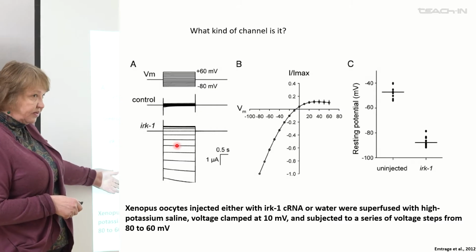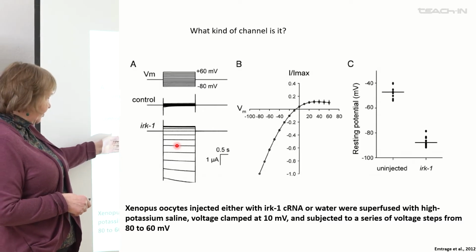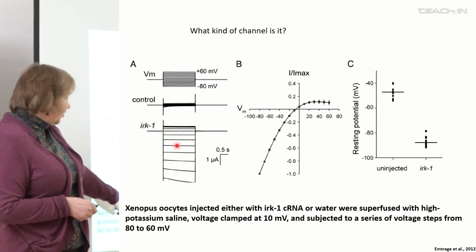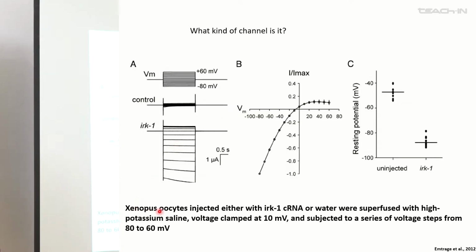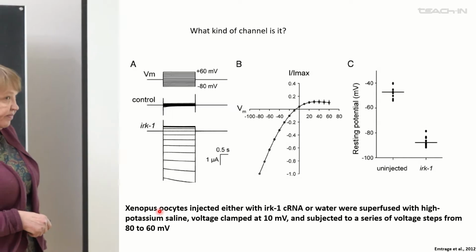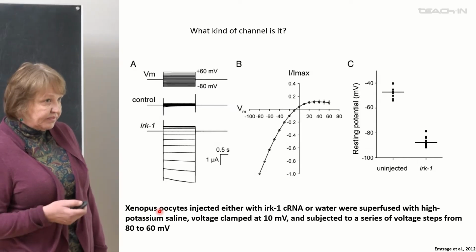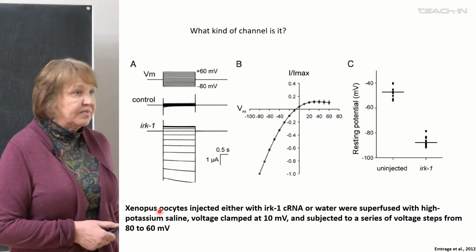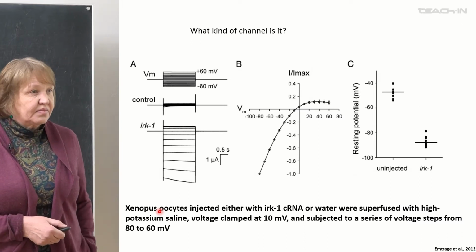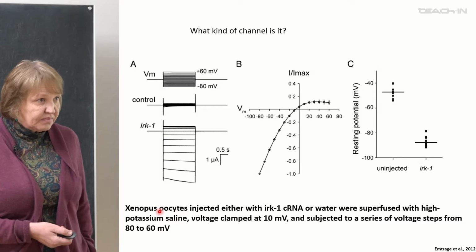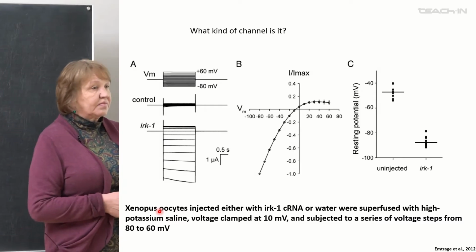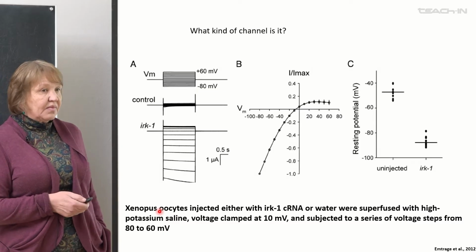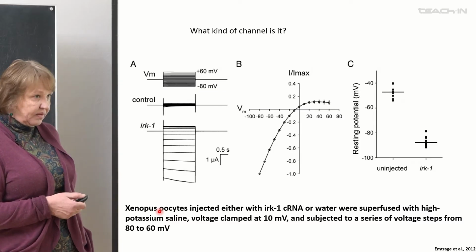And in this situation, injected with the cDNA of the channel, right? This site injected with cDNA, we can see that the ion current appears in response to the applied voltage.